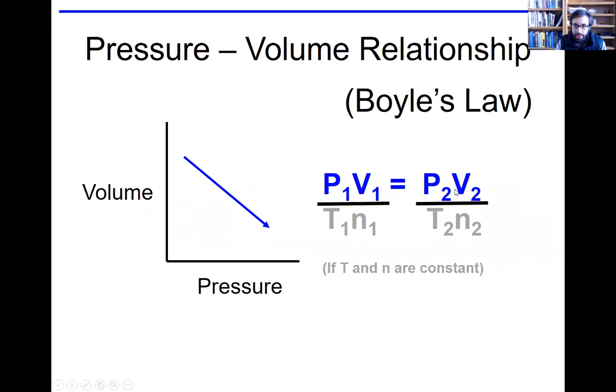Well, this is called Boyle's law, and it's pretty intuitive. If you increase the pressure, you're going to decrease the volume. You're squeezing the container and making it smaller. And it's a linear relationship: if you double the pressure, you halve the volume. If you double the volume, you halve the pressure.